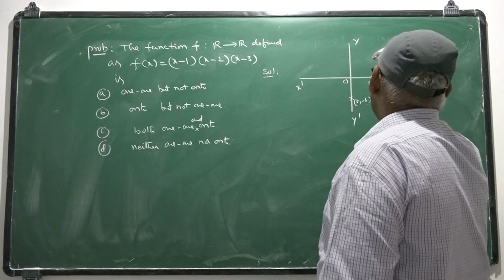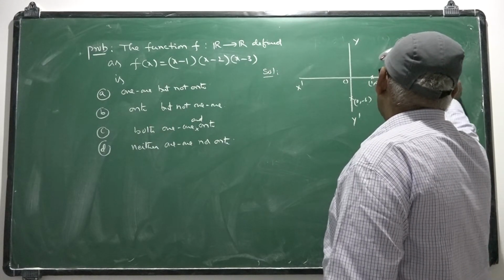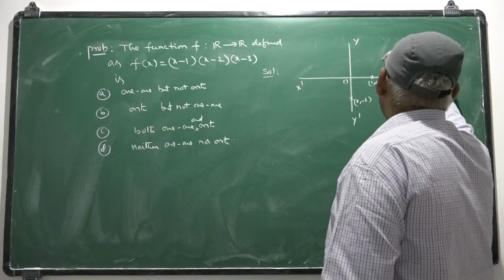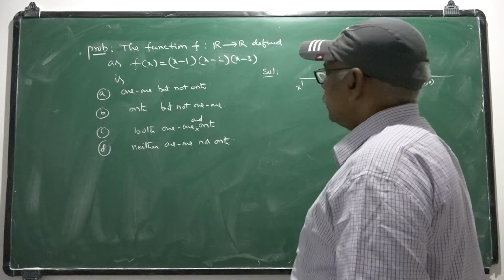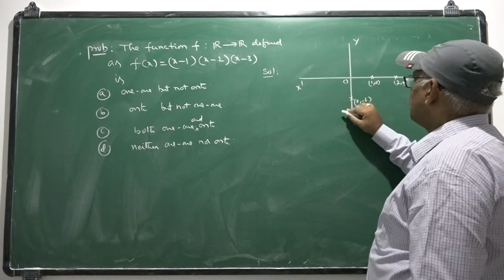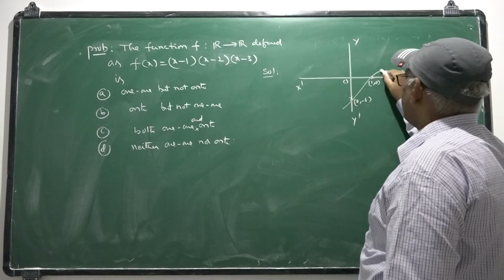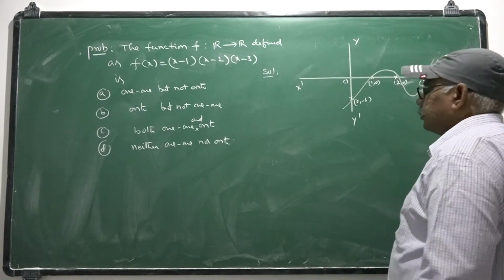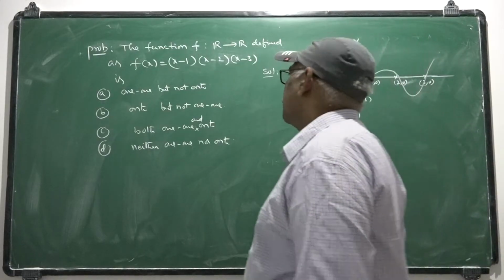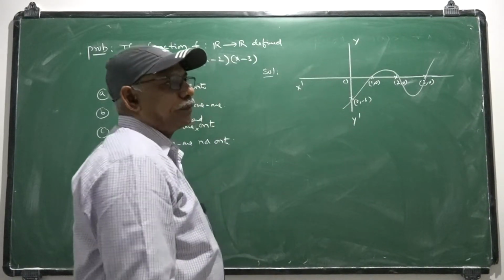Similarly, it passes through 2 comma 0 and 3 comma 0. Once you draw a smooth curve by joining these points, the graph is like this.